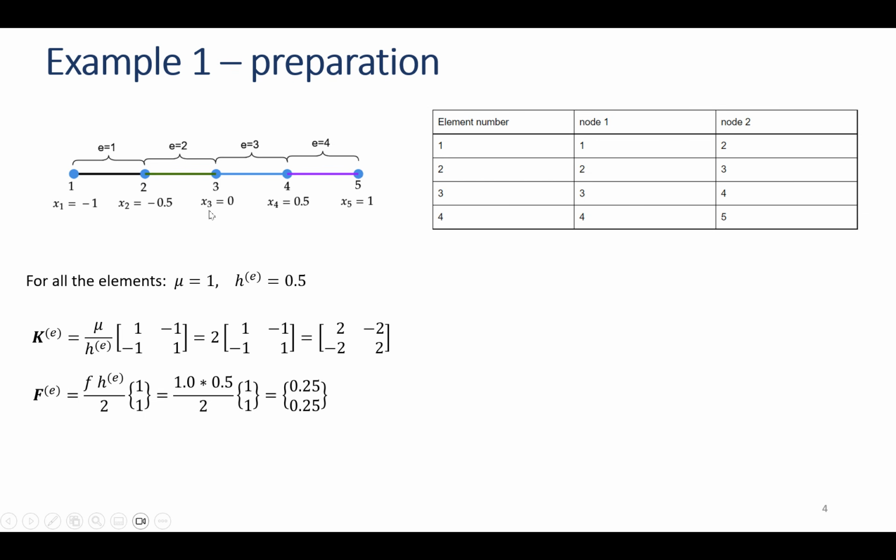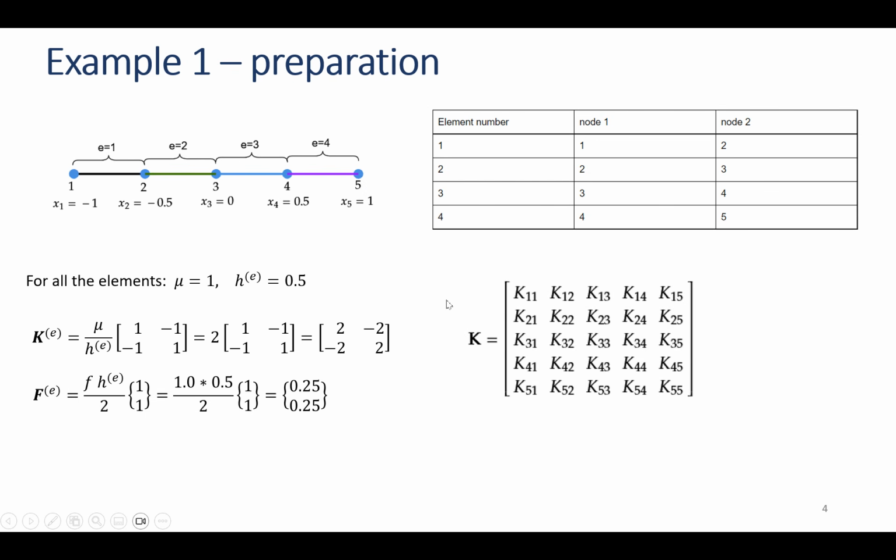Since we have 5 nodes, and at each node we have 1 degree of freedom, we have a total of 5 degrees of freedom in this problem. That means our global stiffness matrix would be of size 5 by 5, with 5 rows and 5 columns, and entries from K11 to K55.